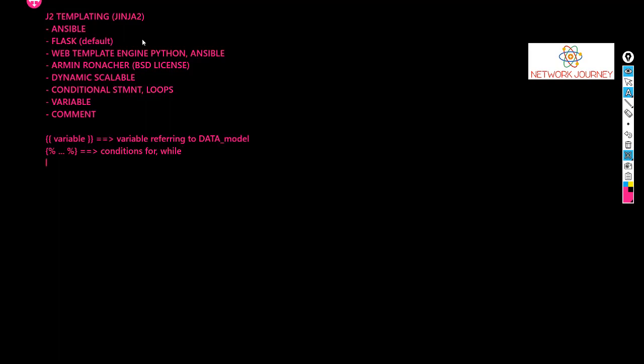And to have a comment section, you can make use of these. So this is for comments. These are the three things we use in J2. There is nothing else that we use here. So using these three, you have to write the templates.